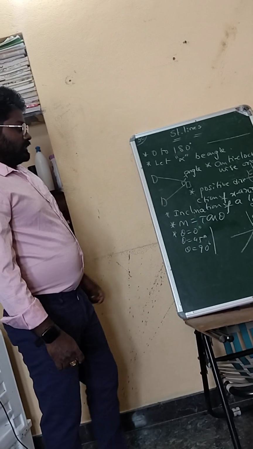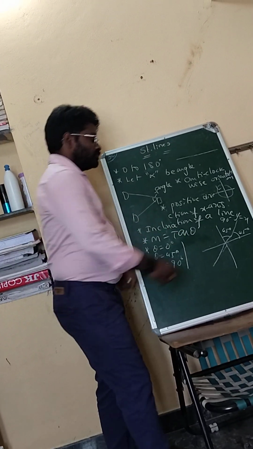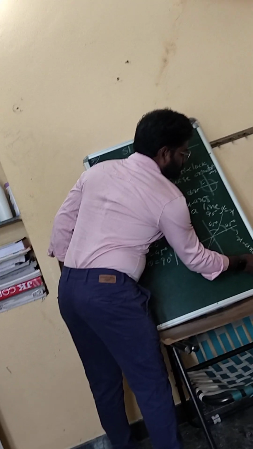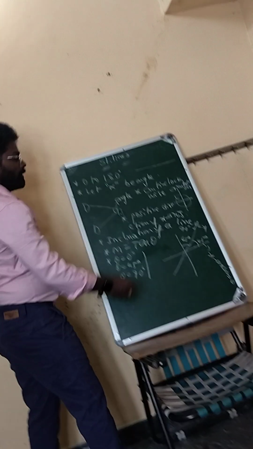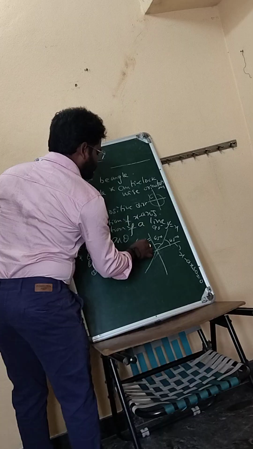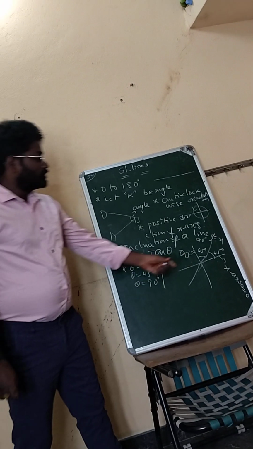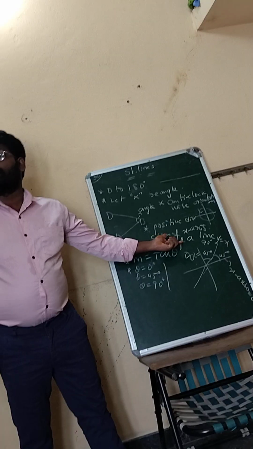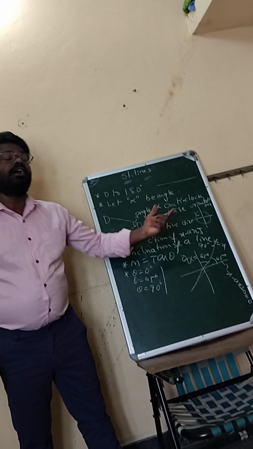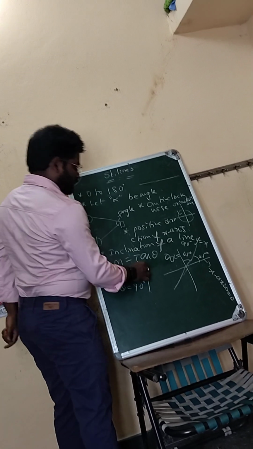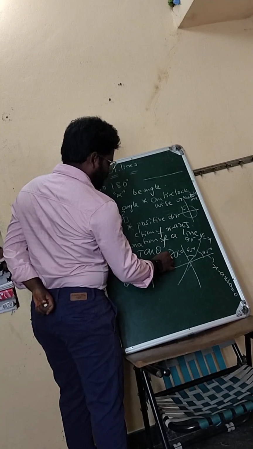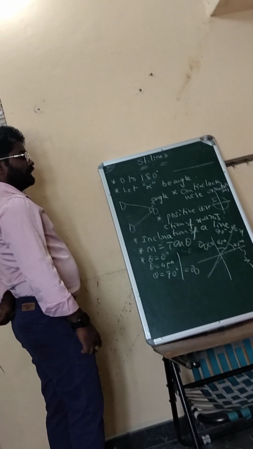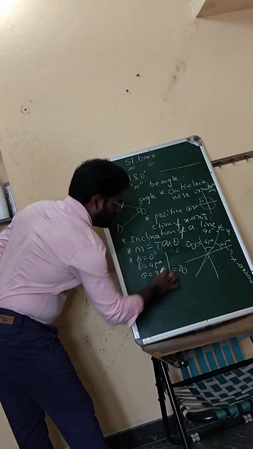The slope of a horizontal line, the x-axis, is 0. The slope of a vertical line, the y-axis, is undefined. For theta equal to 0, the answer is 0. For theta equal to 90 degrees, infinity.